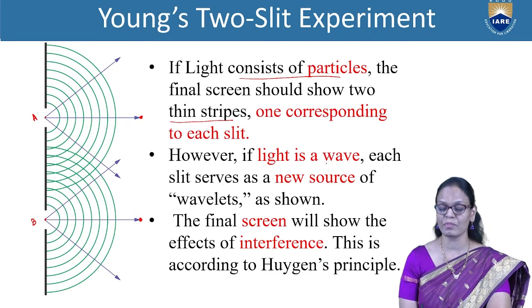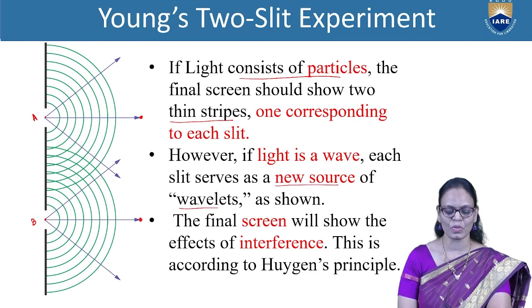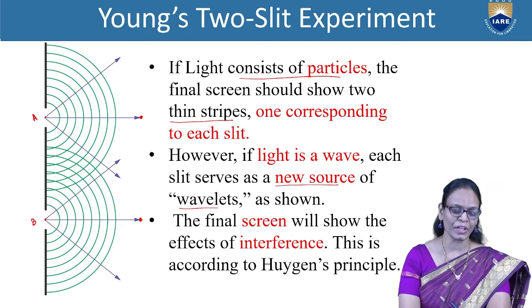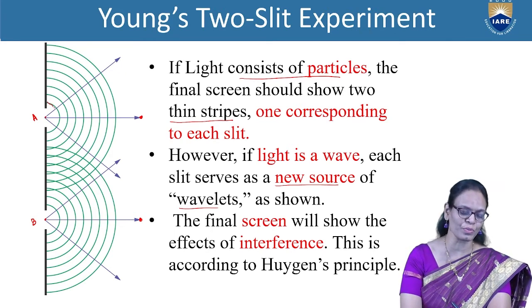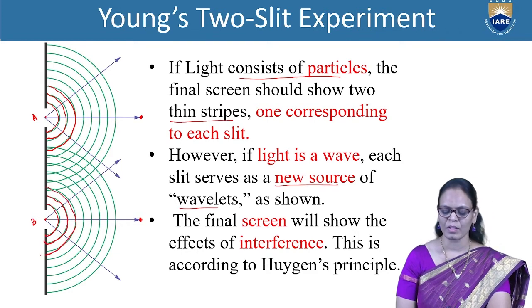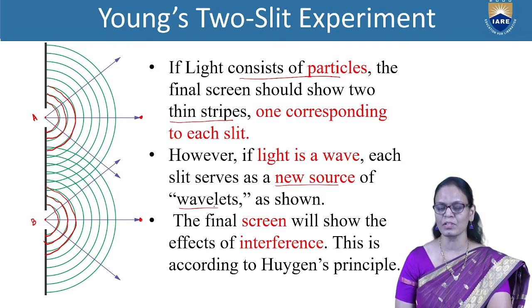But if light is a wave, each slit will serve as a new source of wavelets. So you can see here, if we take A as a source, it gives rise to new wavelets. These are the wavelets from the source A. In the same way from B also, we have the waves. We call them secondary waves. So each slit is now acting as a new source and sending out wavelets.